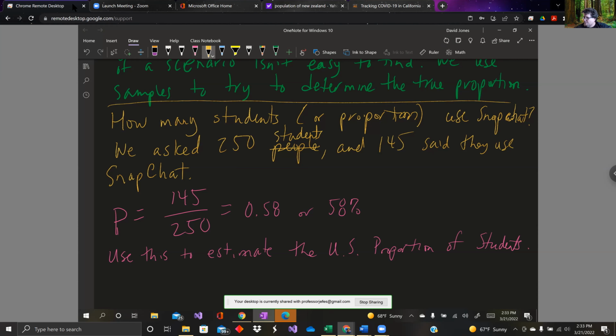We call this a point estimate. We talked about this in the last class. This is a point estimate, and we call it p hat.